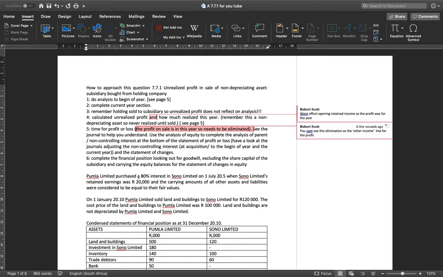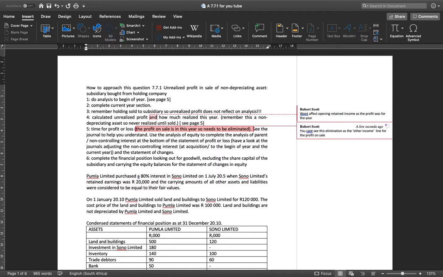When you have a look at the consolidated statement of profit or loss, you won't even see the profit of 20,000 Rand on the sale from Pumla to Sono. You won't see that unrealized profit because it was showing as other income, and that line doesn't reflect in the consolidated statement of profit or loss.